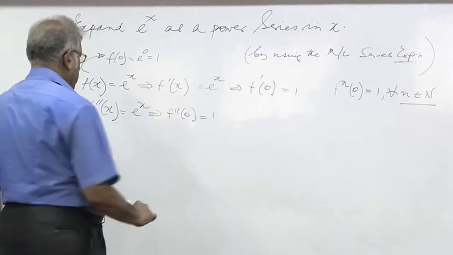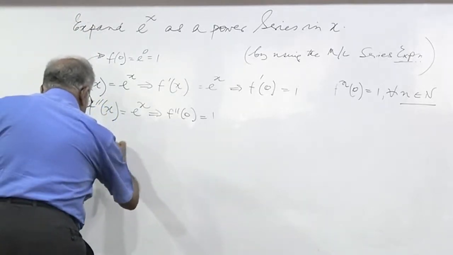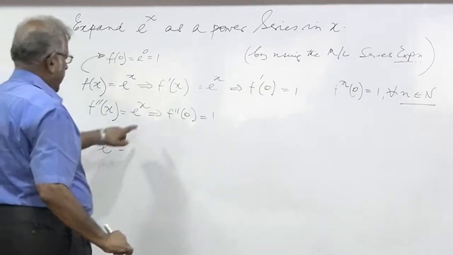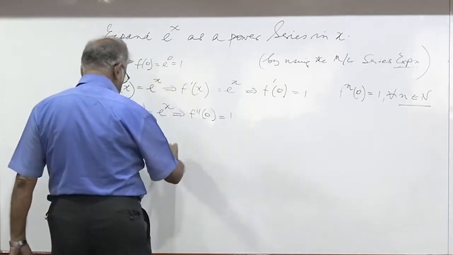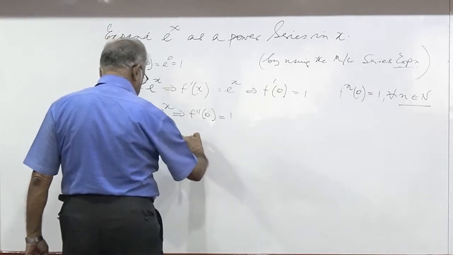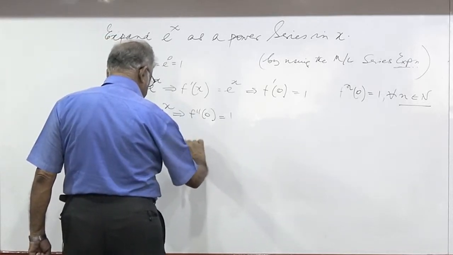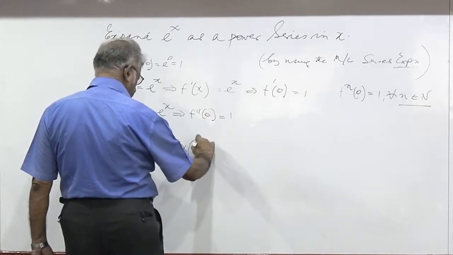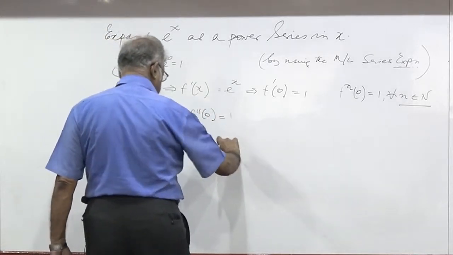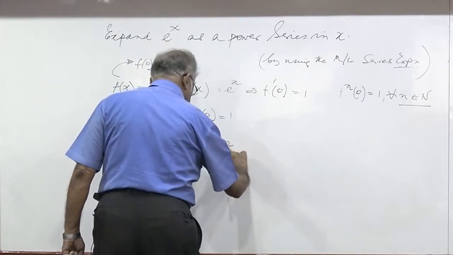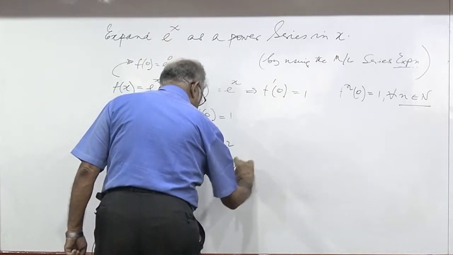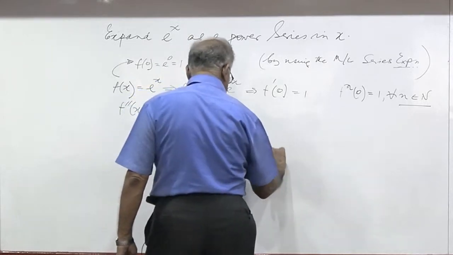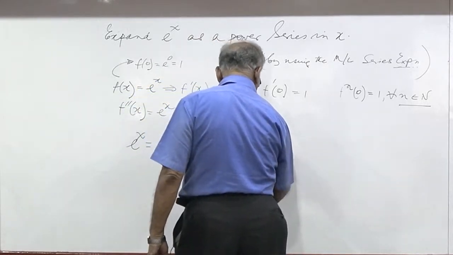Now, e to the power of x therefore is, f(0) is 1 plus x into f dash 0 is 1 plus x square by factorial 2, f double dash 0 is 1 plus x cube by factorial 3.